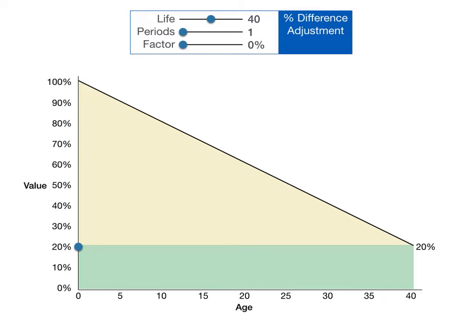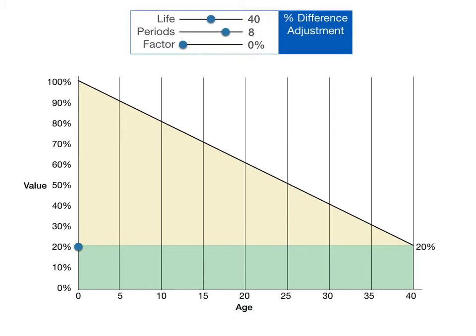Right now we're set with just one period for our depreciation over the life of the improvements. Let's move that to maybe 8 periods, and that would give us eight 5-year periods for a 40-year life. Now we want to think about giving each one of those 5-year periods its own depreciation rate.